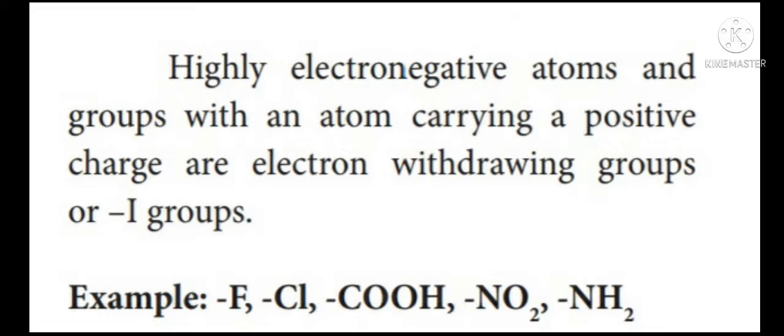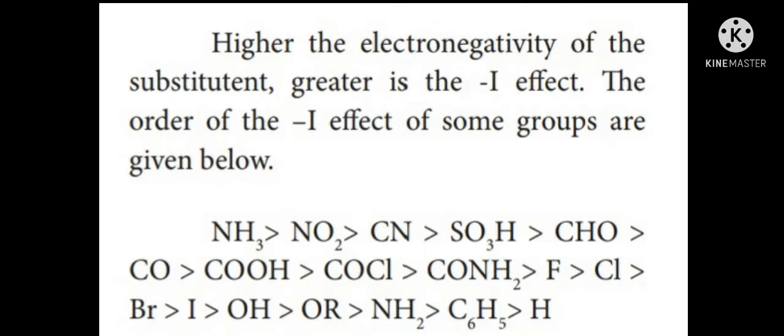Fluorine F, chlorine Cl, carboxylic acid COOH, nitro group NO2 and amine group NH2 are examples for minus I groups. If the electronegativity value of the substituent is higher, then the minus I effect will be greater. The order of the minus I effect of some groups is given here.